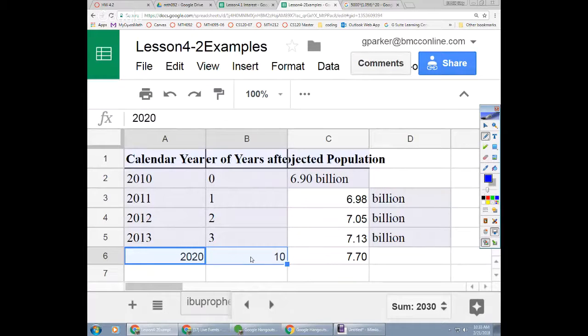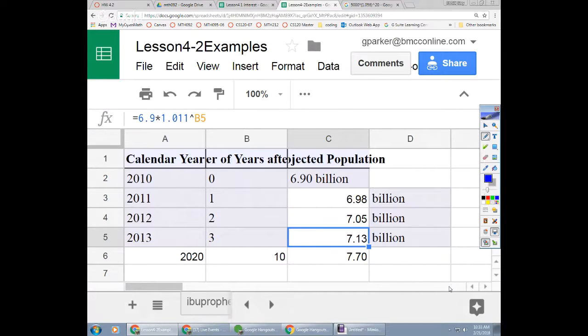So double check on your calculator right now that for, let's say, 2013, I got 7.13 billion. So see if you can make your calculator do the same thing. And your calculator could be a spreadsheet.